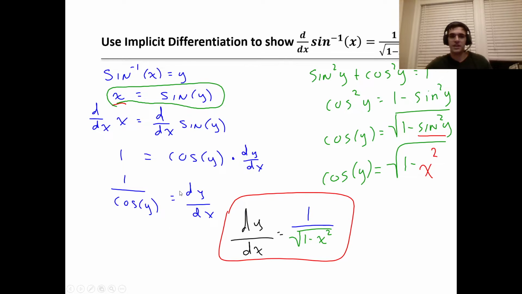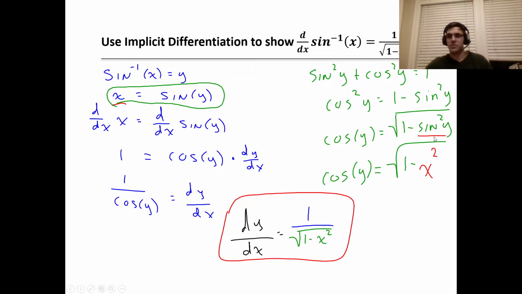So if we take this and solve it for cosine of y, we would end up with cosine of y equal to the square root of 1 minus sine squared y. Now, because sine of y is x, sine squared of y would be x squared. So this is where we take sine of y and replace it with x.